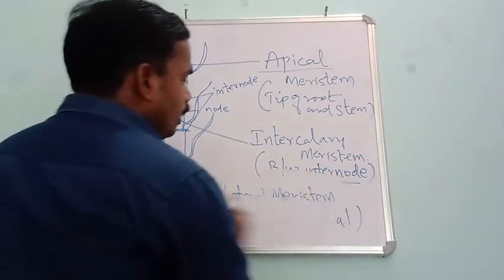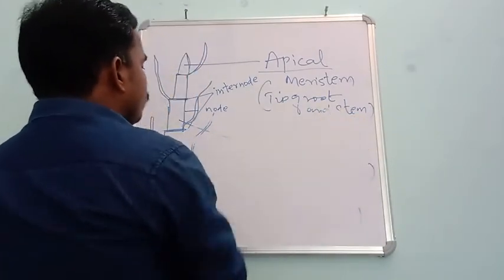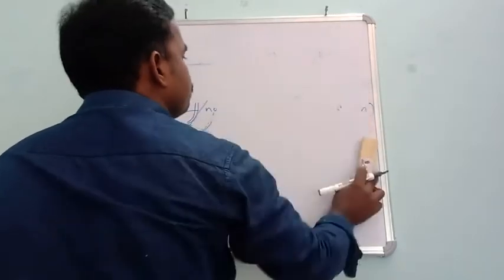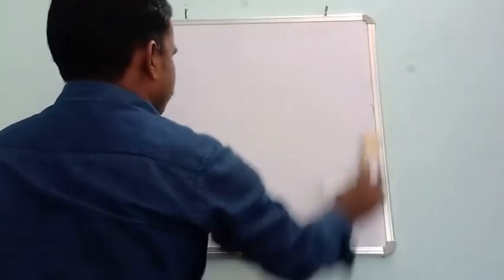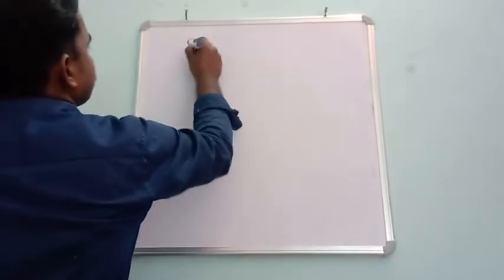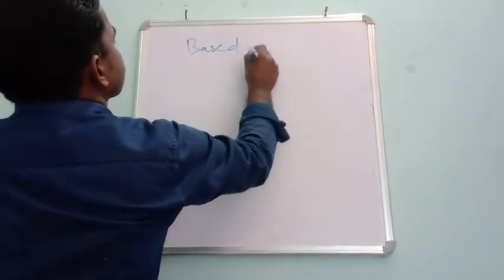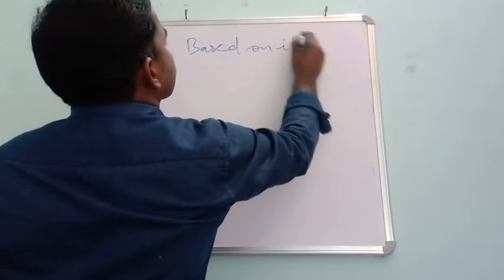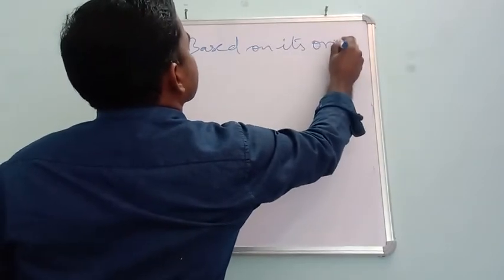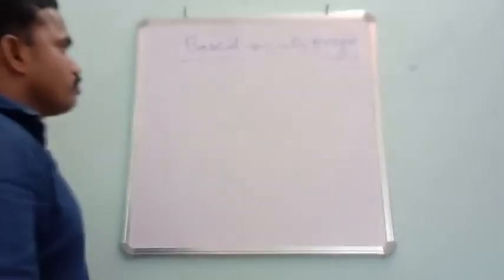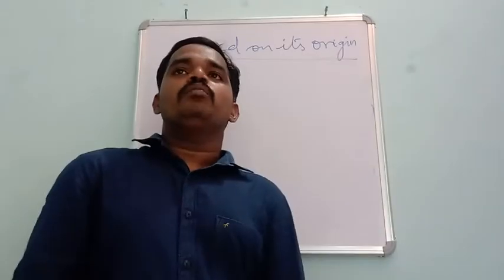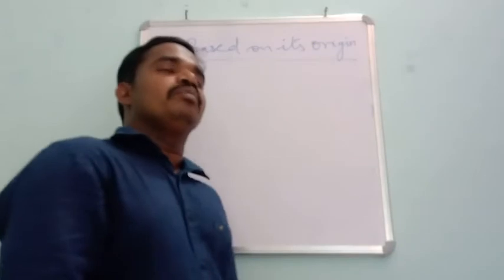Okay. Next we classify the meristematic tissue based on its origin. So meristematic tissue is classified based on its origin.